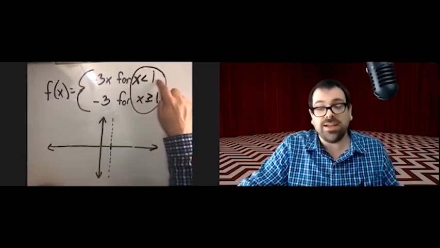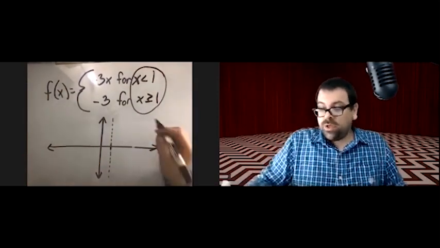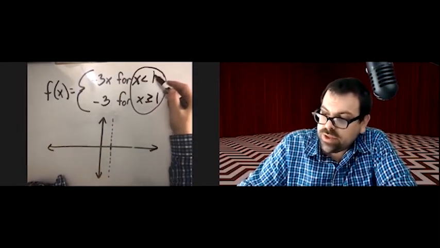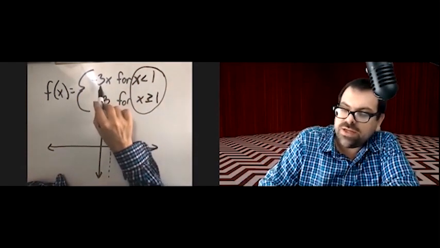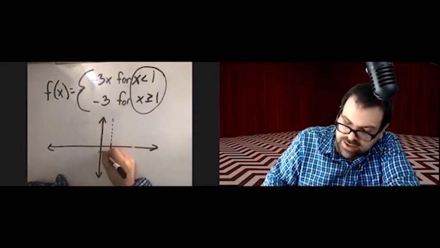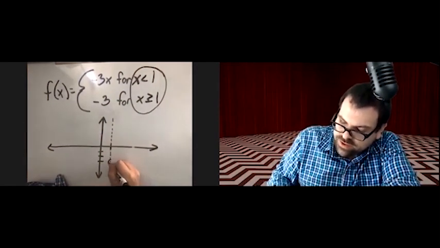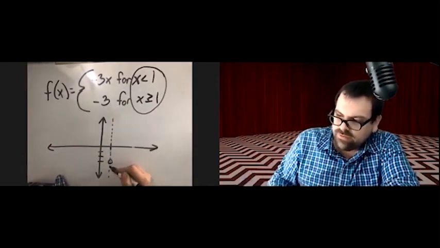That's why we plug it in here as well. So if we plug 1 into the first one, the open circle, negative 3 times positive 1 is negative 3. So we will have our open circle on the x value of 1 at negative 3.